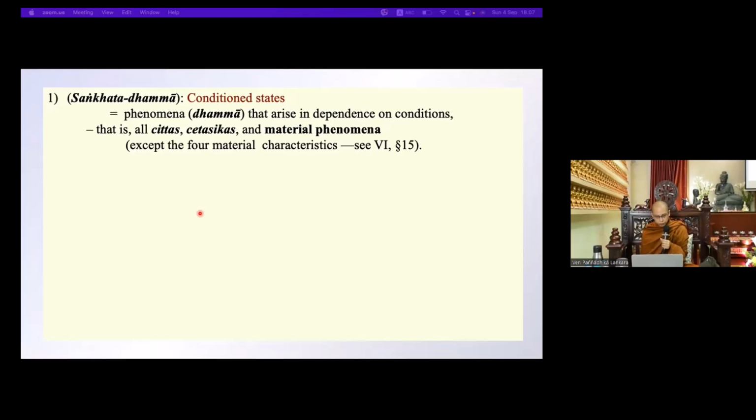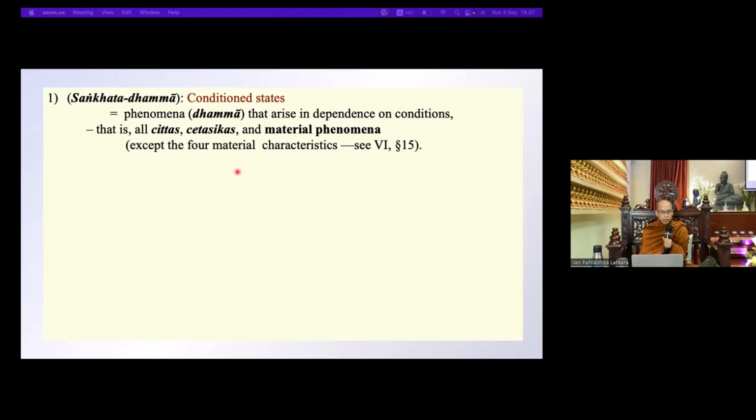These conditional states arise depending on the conditions, their specific conditions. If we refer according to the realities, the conditional states are citta, cetasika, and material phenomena.